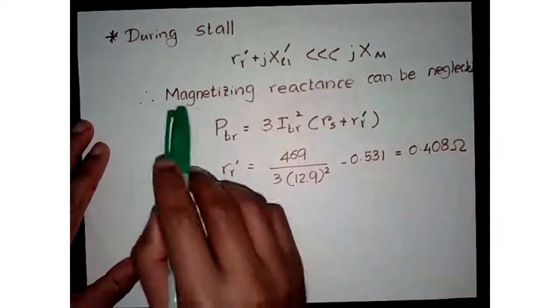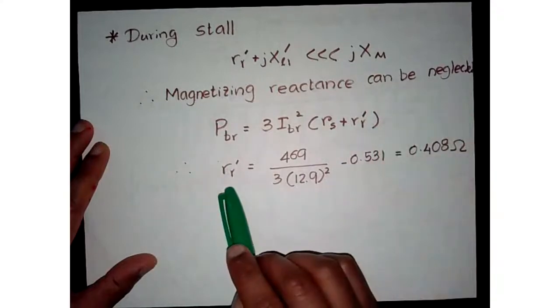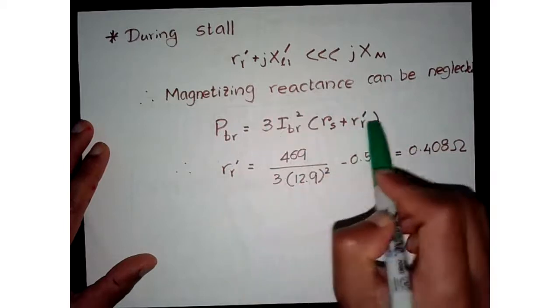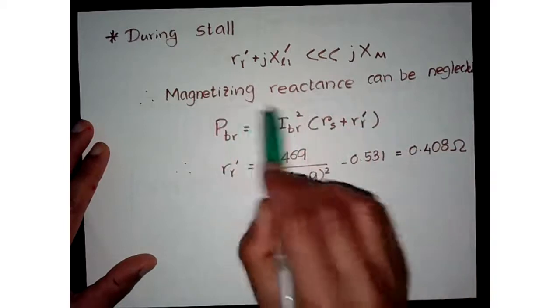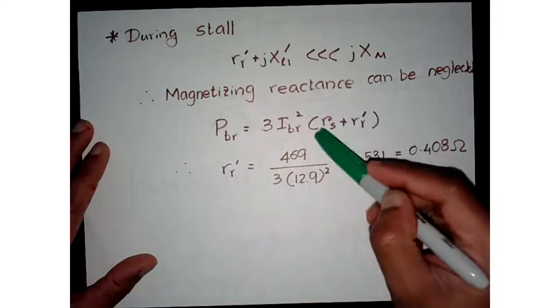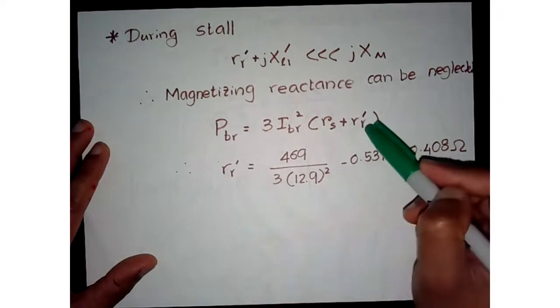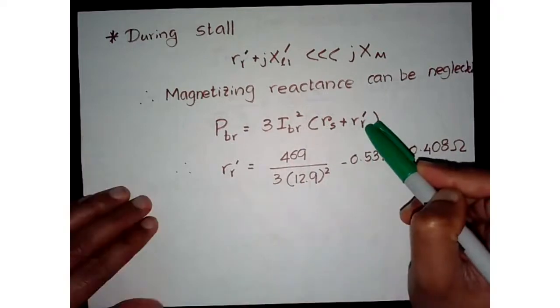And from this, from the magnetizing reactance power measurement, you can obtain RR prime. We know the total power loss, therefore we can write the power loss in this form, RS plus RR prime, but we know RS from our previous DC test. Therefore, the only unknown is RR prime.